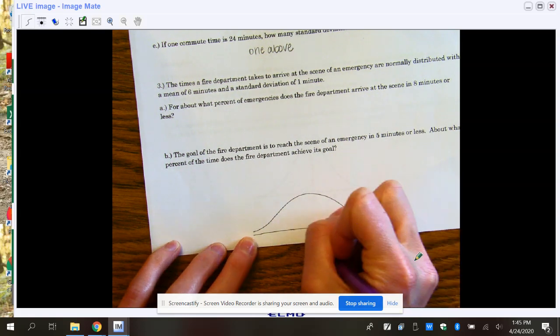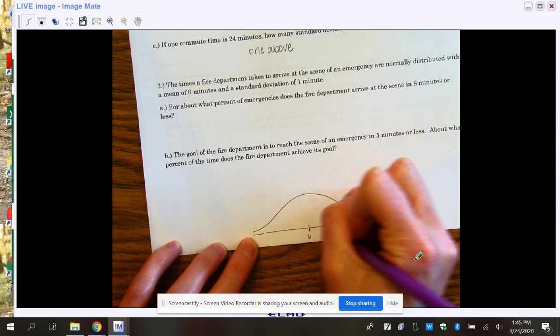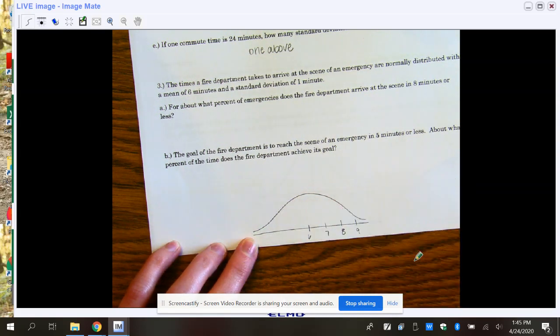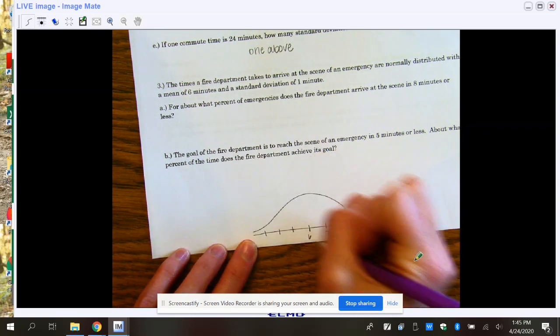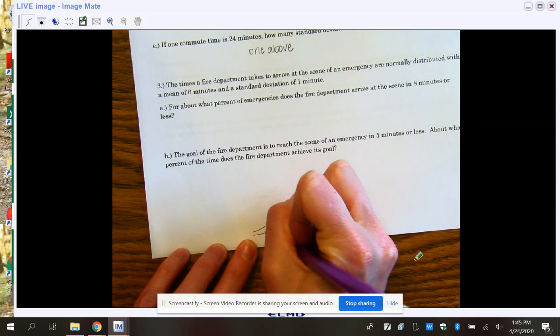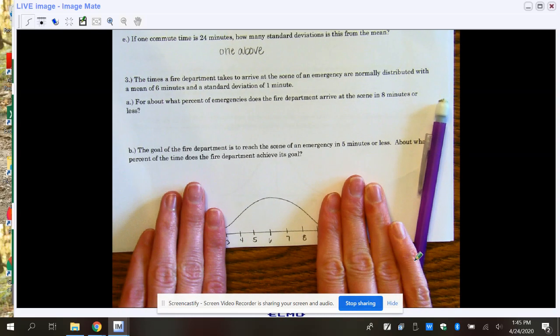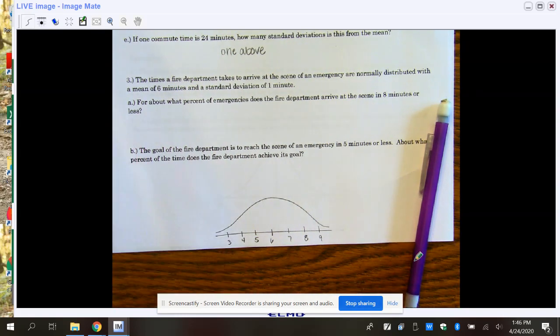So if my mean is 6, standard deviation is 1. So I'm going to go 1, 2, 3 above in 1 minute. Just going to go 7, 8, 9. And then 1, 2, 3 below. So and that means that 99.7% of your data falls between 3 and 9 minutes.